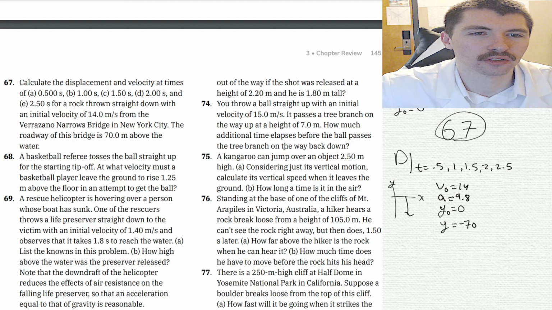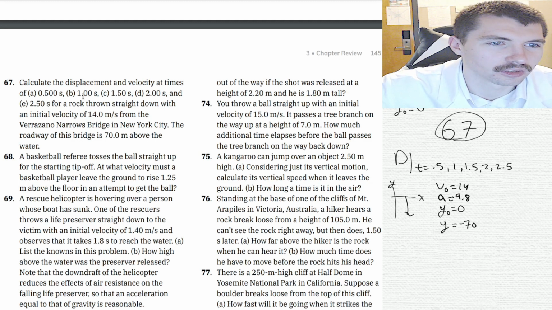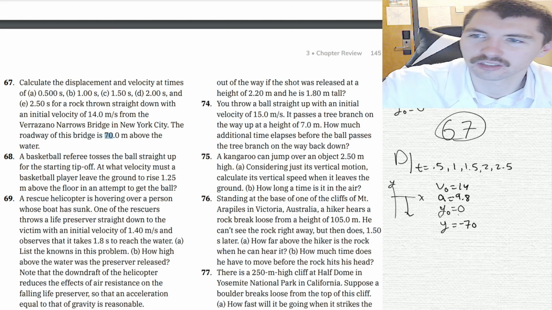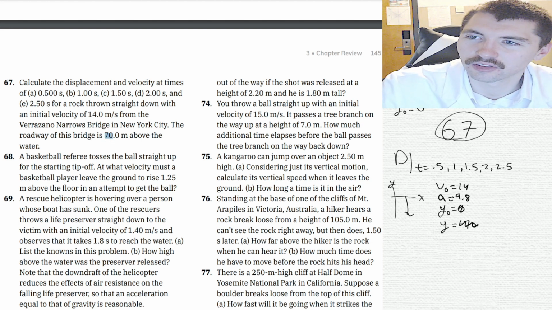What are we looking for? Displacement with times. We know our initial velocity, v naught. Okay. I think they're asking, y naught is 70.